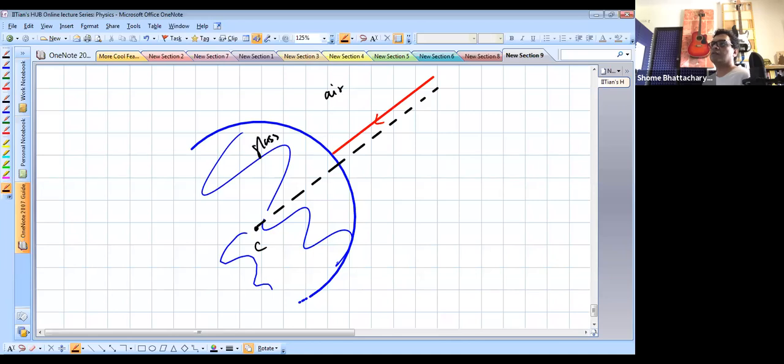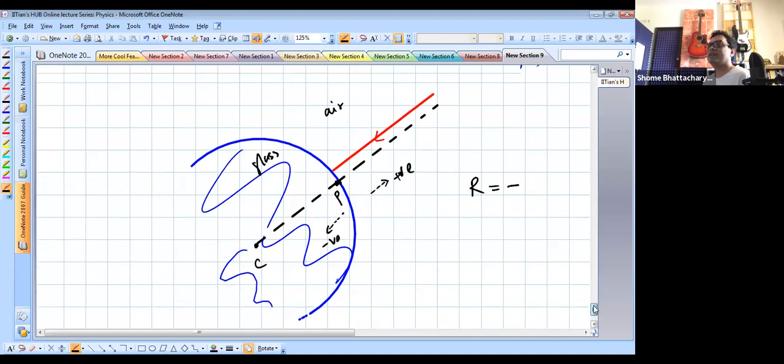This point is the pole for my system. Let us take this side as positive and this side as negative. So my radius of curvature, with proper sign, I will write as minus of whatever that was.